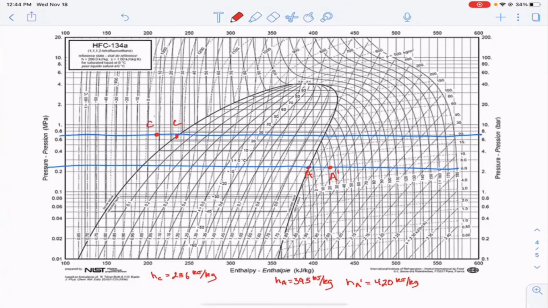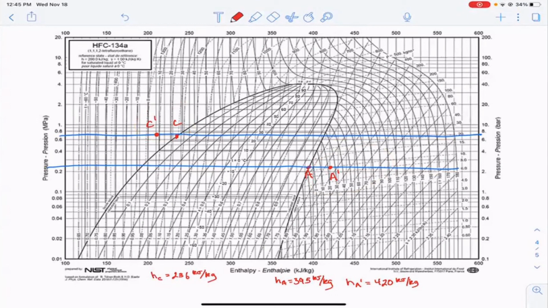Okay, so this is actually C prime. And what this means is that going into the condenser, we now have superheated fluid, right? And it's just at a higher temperature. And then here we also have a subcooled liquid.